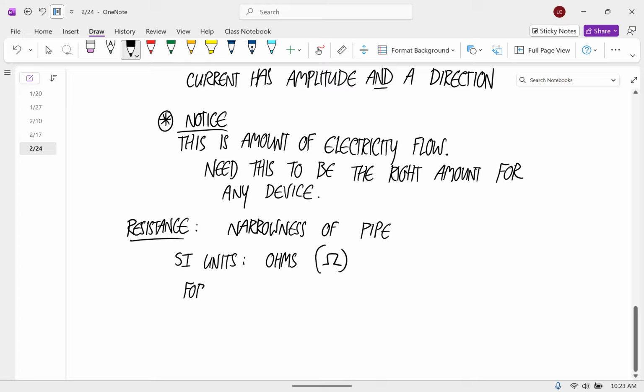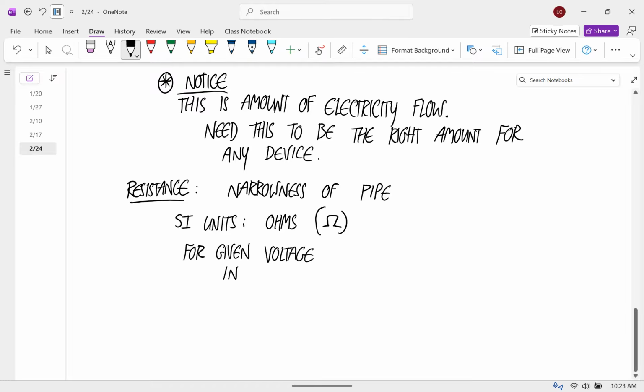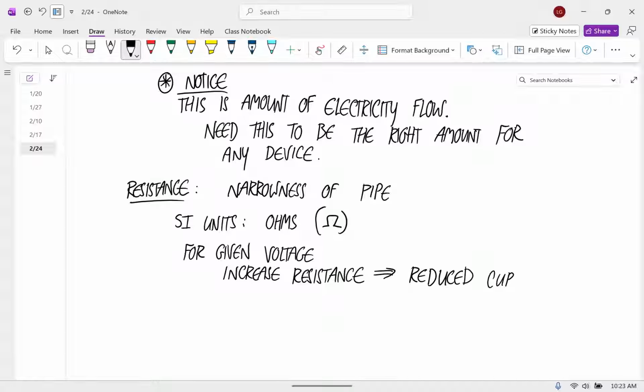So the way it works is for a given voltage, if you increase the resistance, you get reduced current flow. And if you decrease the resistance, you get increased current.